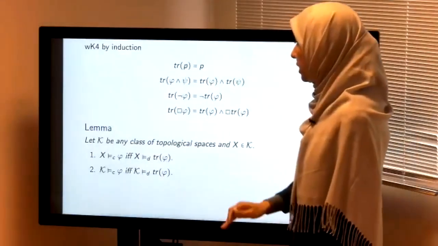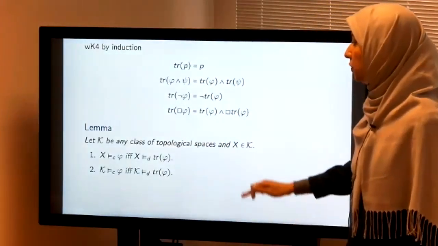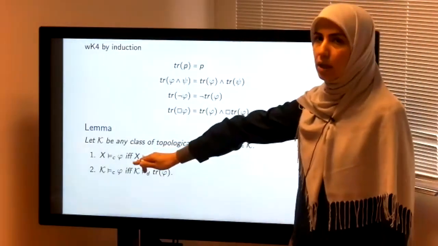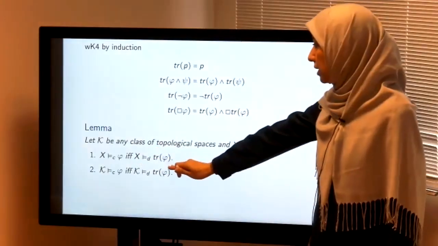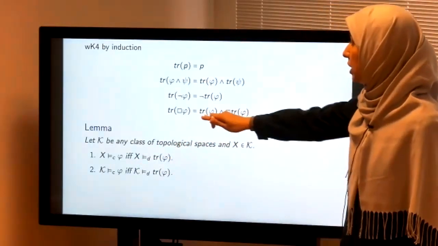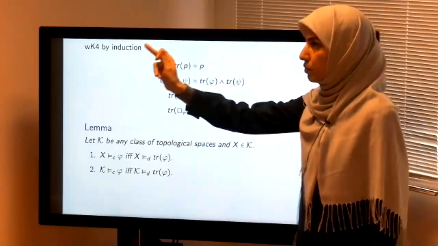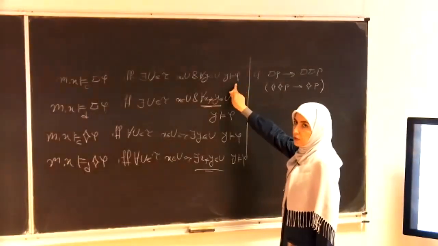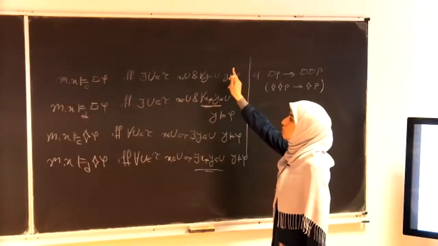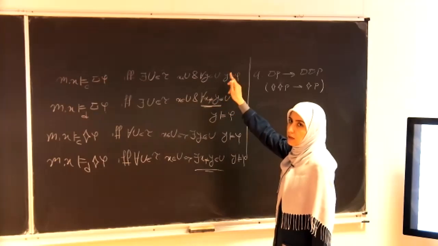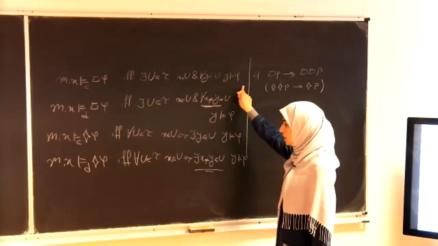So by considering that, you can show by induction on the formula that phi is true in X if and only if the translation of phi is true here, and the translation is defined in this way. Box of phi is true in C-semantics. If box of phi is true, as I said, phi should be true in X and in all of its neighborhood members.